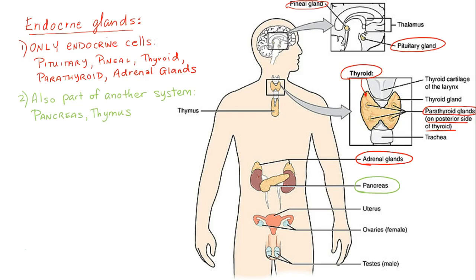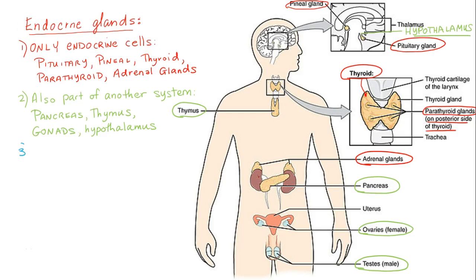And the thymus, which is also part of the body's immune system, but secretes hormones that are responsible for the development of white blood cells. And the gonads, such as the ovaries and the testes, which are also part of the reproductive system. And then there's the hypothalamus in the brain, which is part of the nervous system, but sends hormones in response to nerve impulses. So let's just write hypothalamus in here at the top of the slide in the brain.